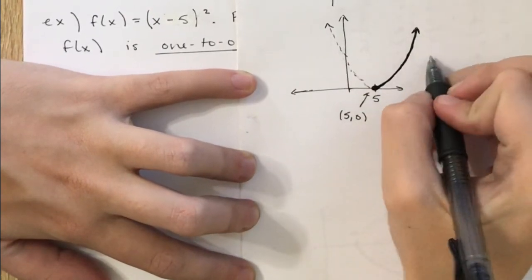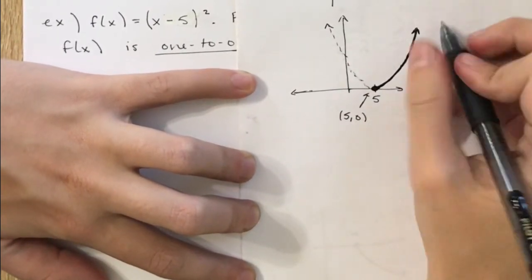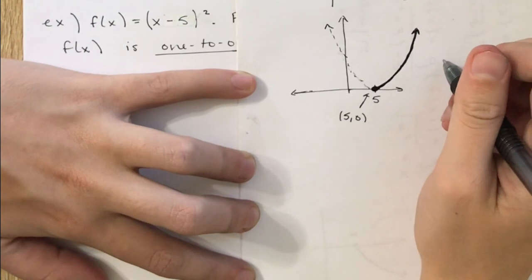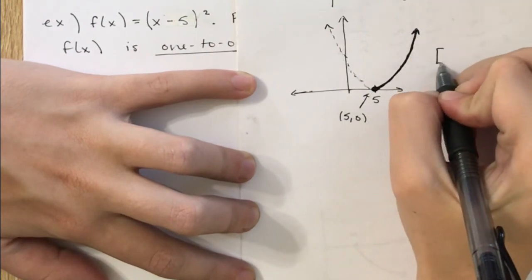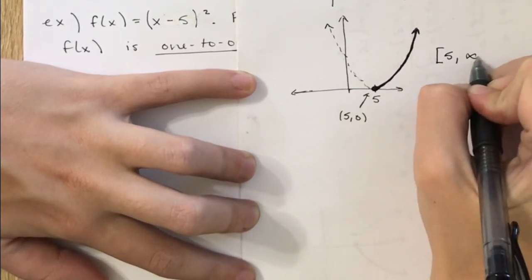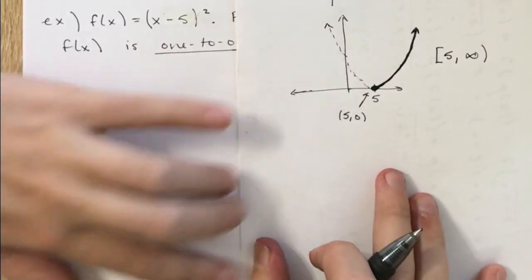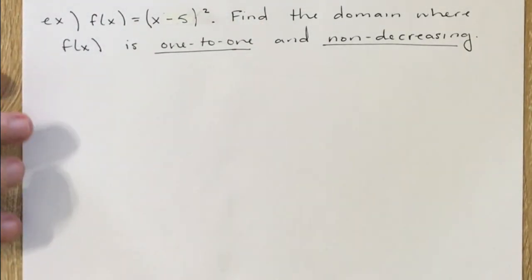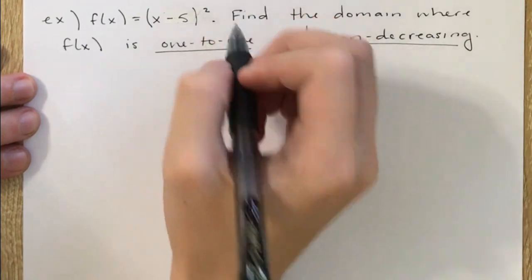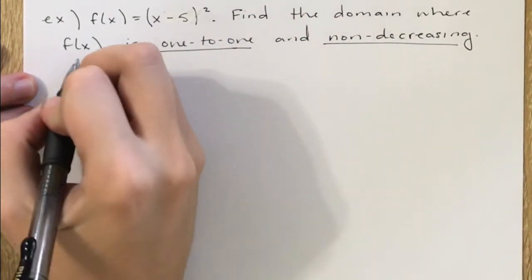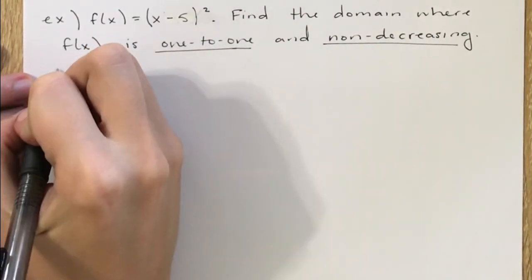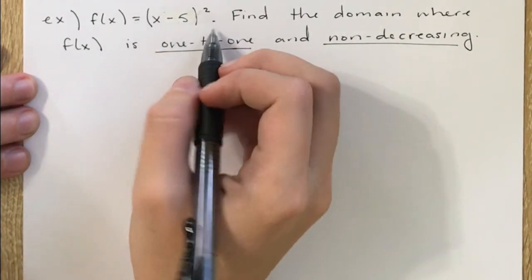So our domain here that is 1-to-1 and non-decreasing is 5 to infinity. Okay, 5 to infinity are all of the x values that are greater than or equal to 5.